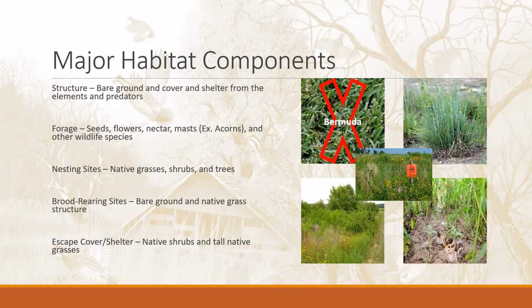Nesting sites are critical to ensuring that our wildlife populations are able to reproduce and raise their young into sexual maturity. So the native grasses, again with the structure of how they grow, and our trees and shrubs will provide that component for nesting and brood rearing sites. And then escape cover and shelter is another critical component.